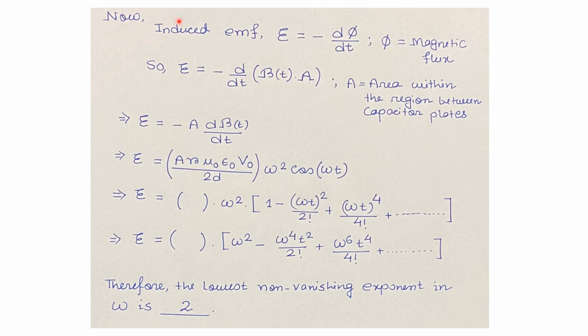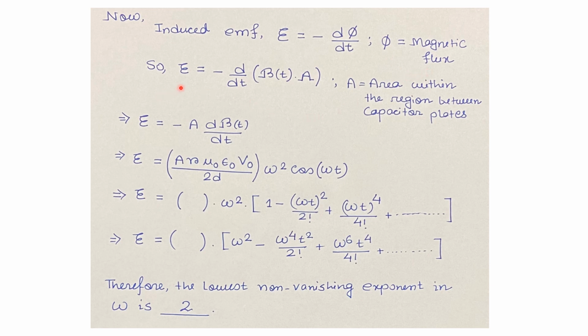Now, according to Faraday's law of electromagnetic induction, we know that if a time varying magnetic flux exists in a region, then there will be an induced electromotive force, given by induced EMF E equals minus d phi by dt. Here phi is the time varying magnetic flux in the region.